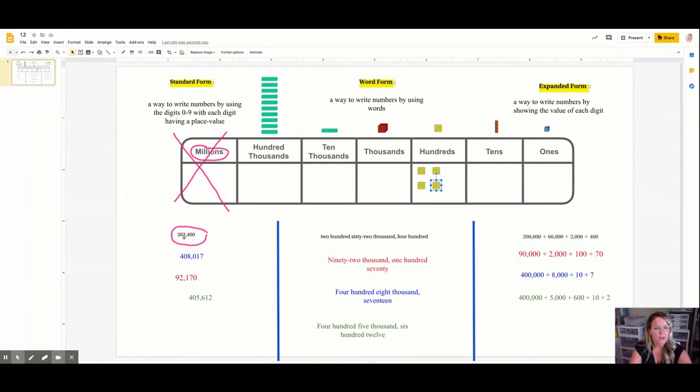In the thousands place value, there is a 2, which means I need 2,000 little cubes. I don't need 2,000 of these. I need 2 of these because one has 1,000 in it and the other has another 1,000 in it. So now I'm showing 2,000.